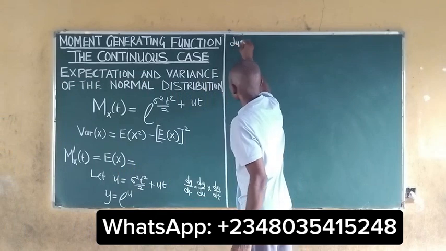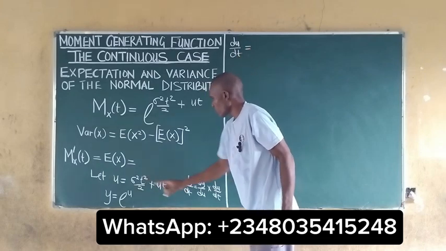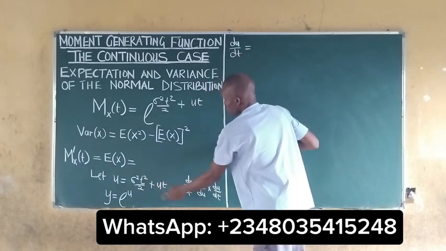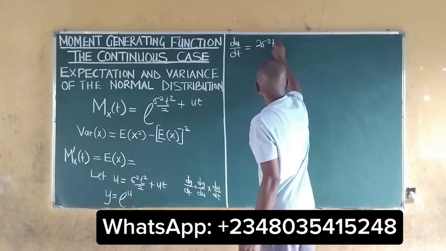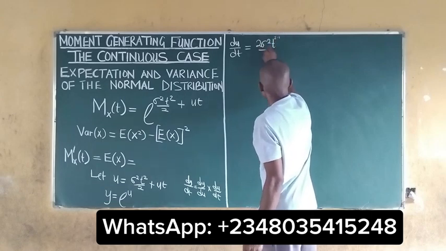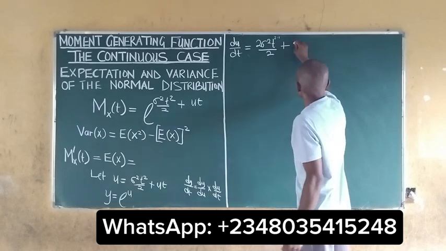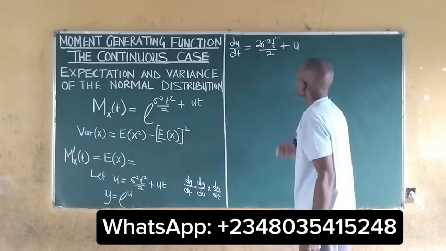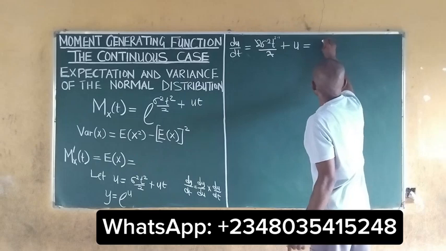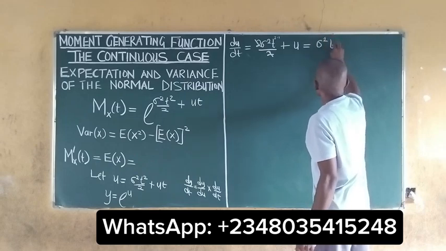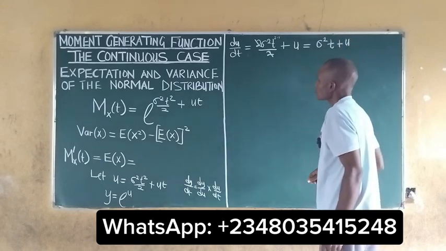The du/dt, if we differentiate this function with respect to t, gives us 2 sigma squared t to the power of 2 minus 1 all over 2, plus, differentiating mu t with respect to t, just mu. The 2 cancels, and it gives us sigma squared t plus mu. This is what we get for du/dt.